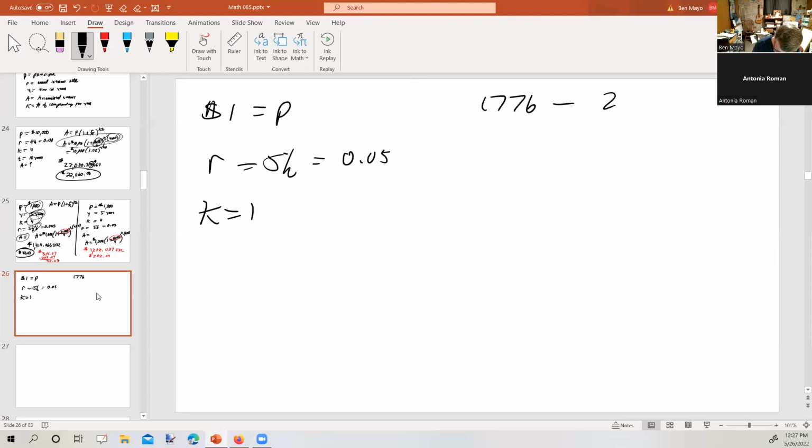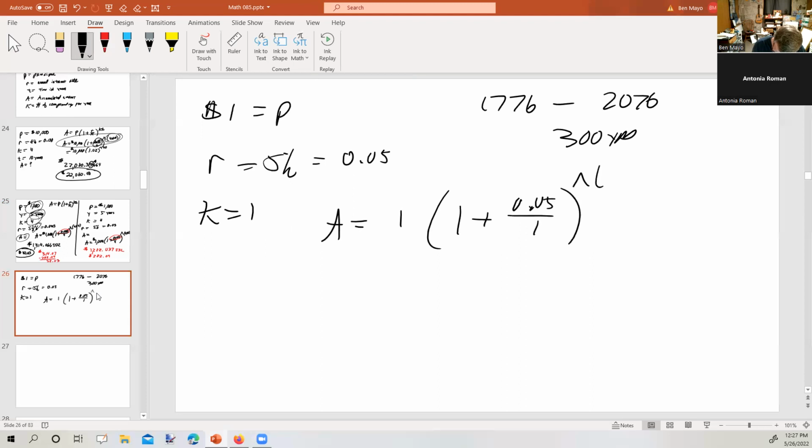So from 1776 to 2076 is what, 300 years? Okay, so basically, we've got 1 times 1 plus 0.05 to the 1 times 300th power.